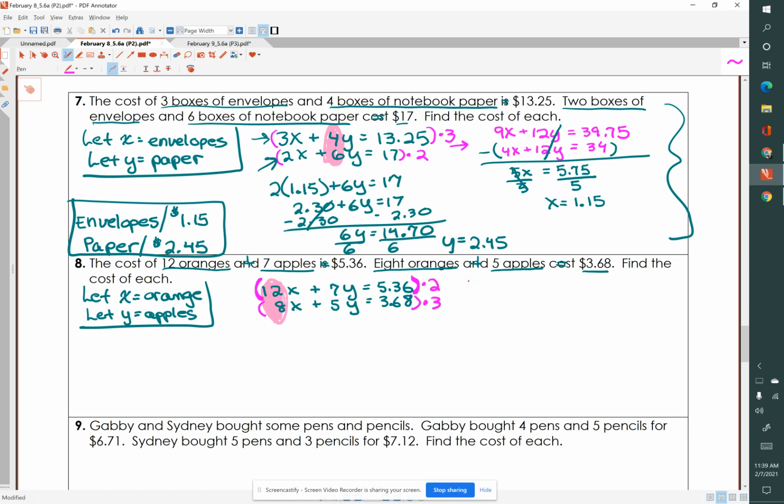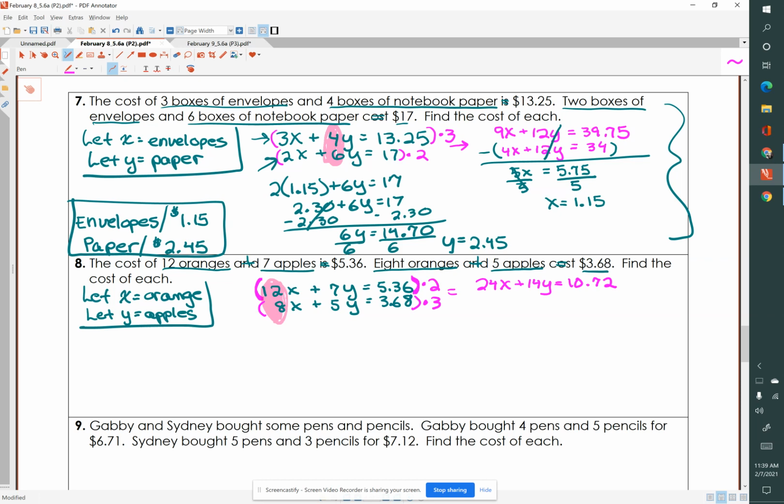So let's rewrite these equations. 2 times 12 is 24x plus 2 times 7 is 14y equals 2 times $5.36, which is $10.72.